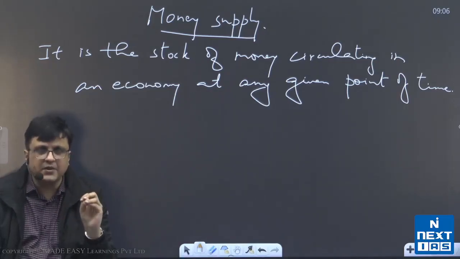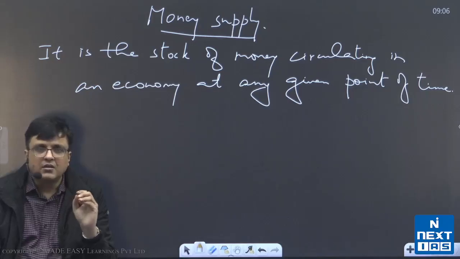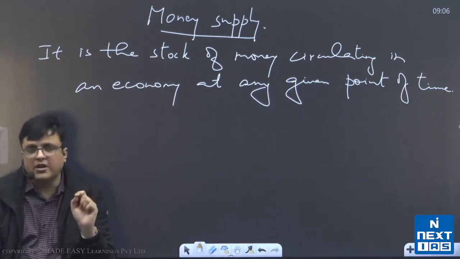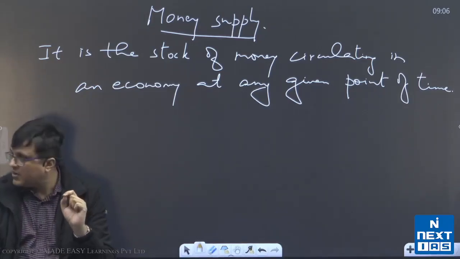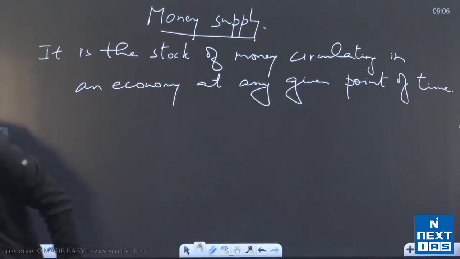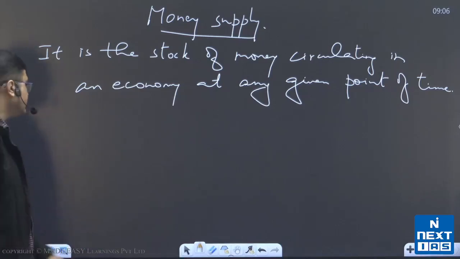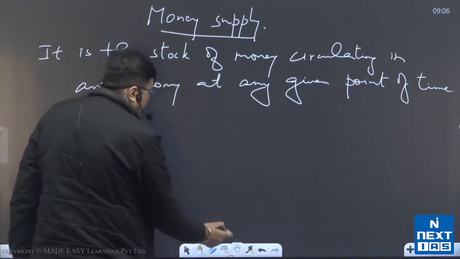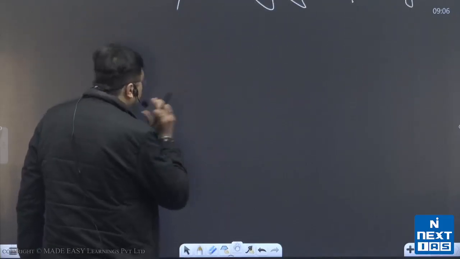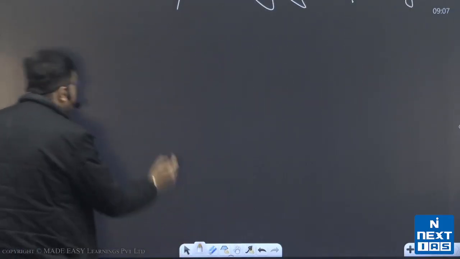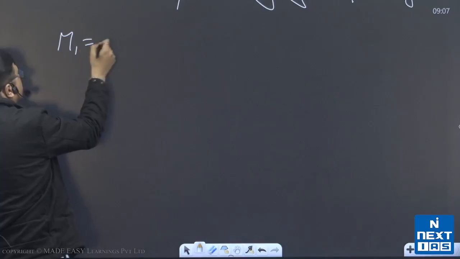आप एक heading दीजिए अभी. You write old monetary aggregates. So, in this old monetary aggregate, we begin with M1.